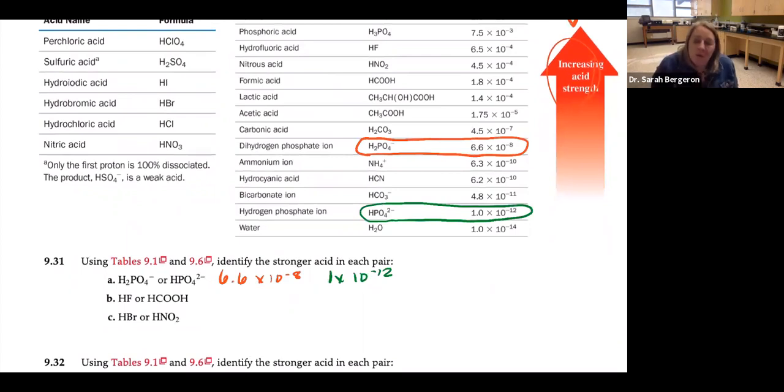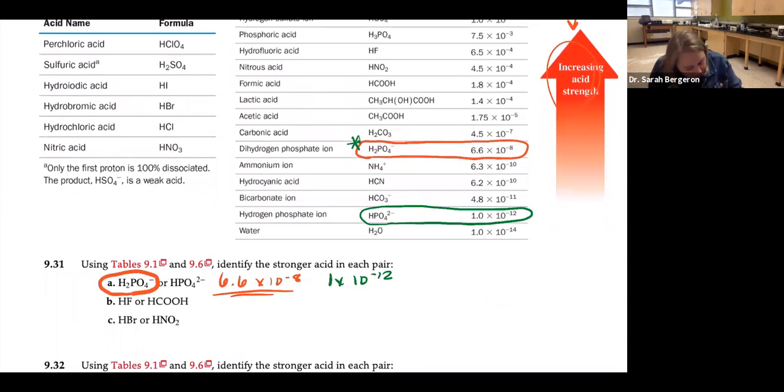So which one is stronger? The one that has a larger Ka value is stronger. So this one has the larger Ka value. So this one is stronger. Okay, let's see. HF, where's HF? HF is right here.